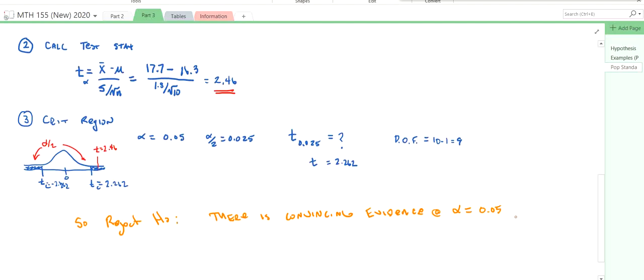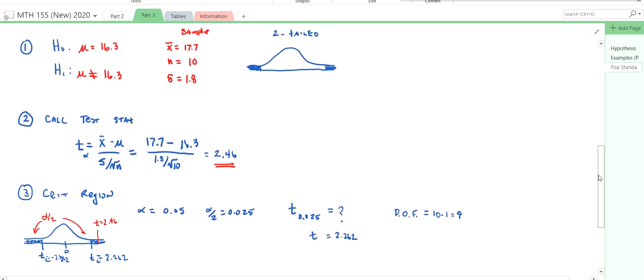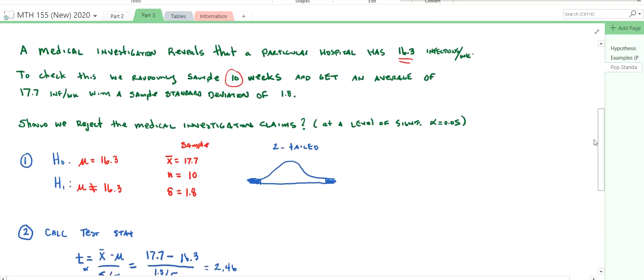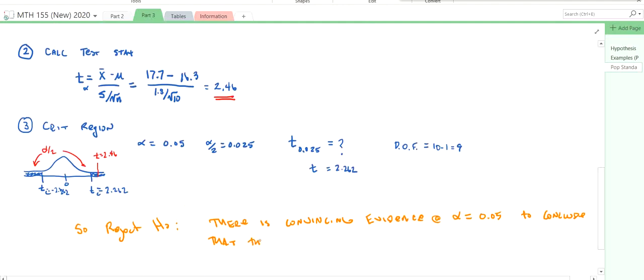There's convincing evidence at alpha equals 0.05 to conclude that the number of infections per week does not equal 16.3.